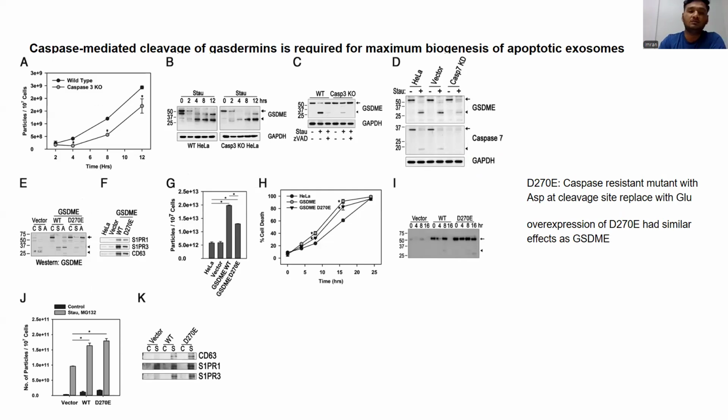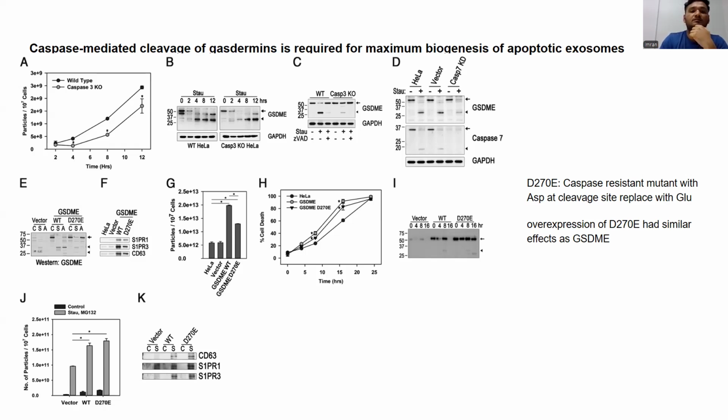Then, to find out whether caspase-mediated cleavage of gasdermin is required, exosome particles were counted from caspase-3 knockout cells. Here, the amount of exosome release was decreased compared to wild type, but still a very significant amount of particles were released, showing that gasdermin E is cleaved by some caspase other than caspase-3.